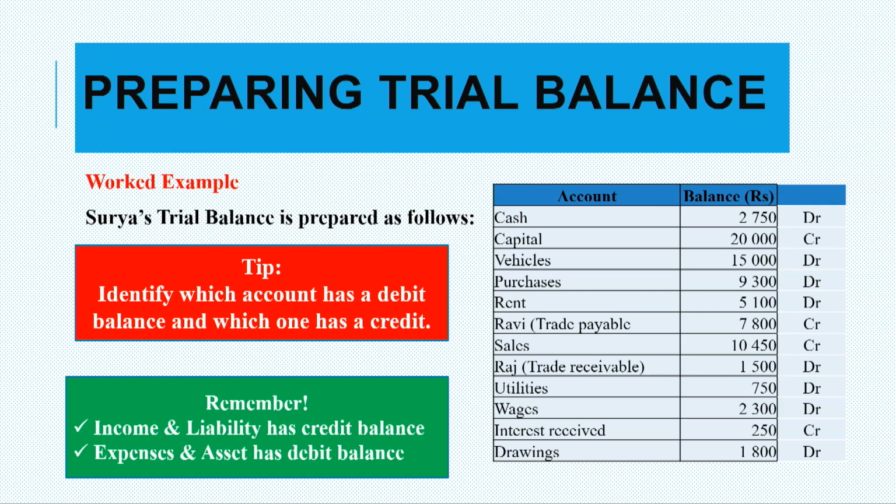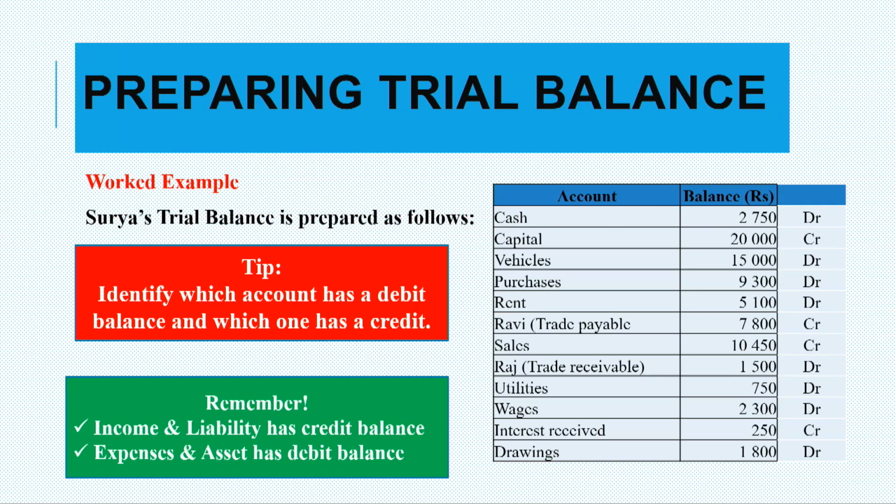Raj, who is a trade receivable, that is, he owes the business money, therefore we write debit next to it. Utilities is an expense, therefore we write debit next to it. Similarly, wages is also an expense, therefore we write debit next to it.